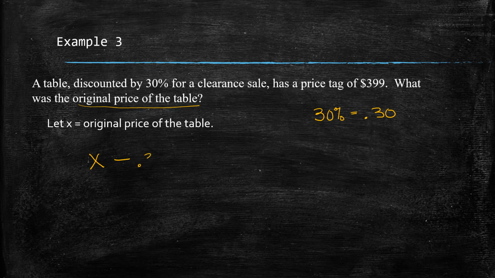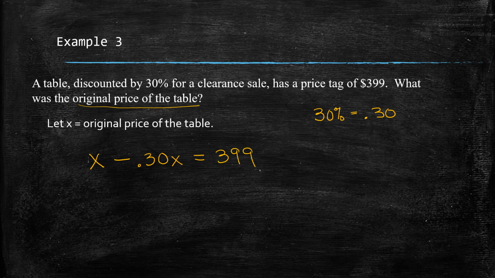We take away 30% of the price of the table, so 0.30 times x. So we have the original price, which is x, and then we're discounting it 30%. Take away 30% of that original price, and this should equal $399.